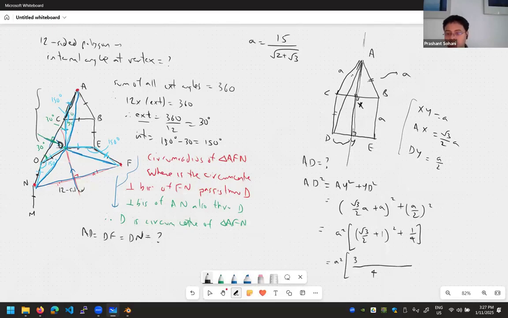So root 3 square plus 2 square plus 2 into 2, 4 root 3, plus 1. So this is 5 plus 4 root 3 by 4, right? Times A square. So this is AD square.